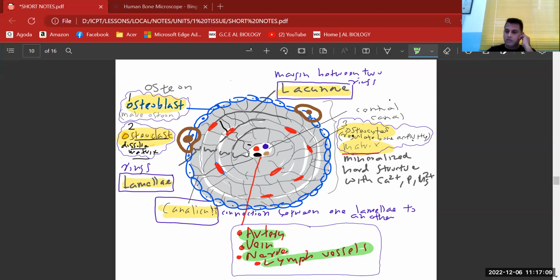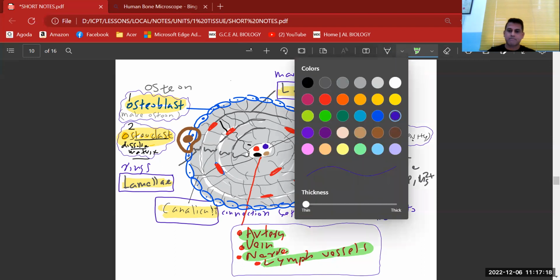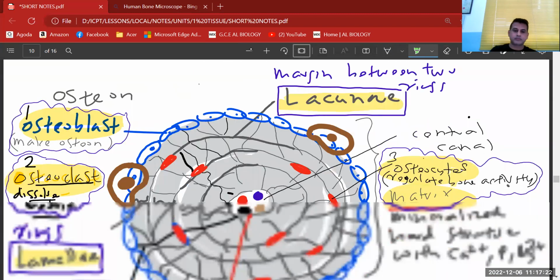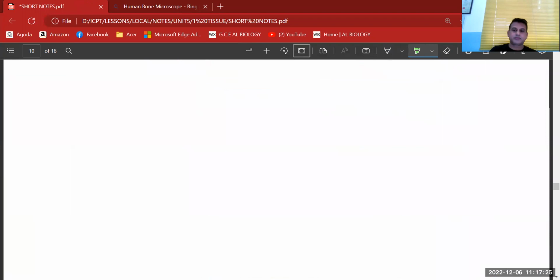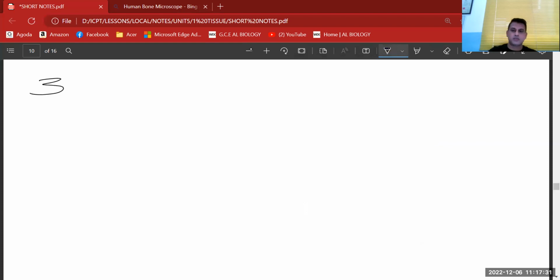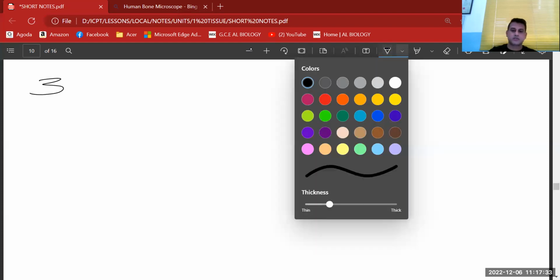Right now, we can go to the next type of tissue, the third type out of four: muscles.